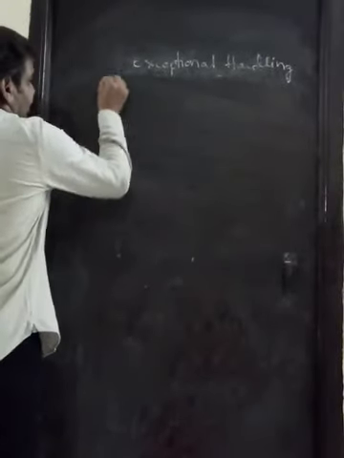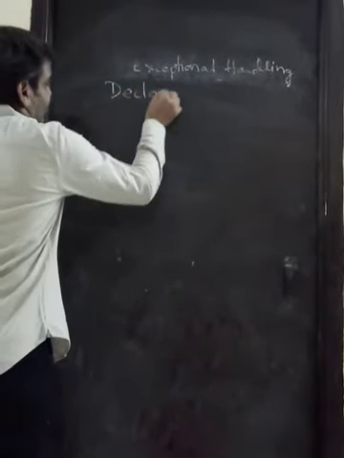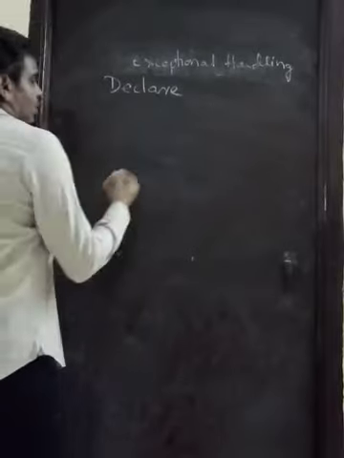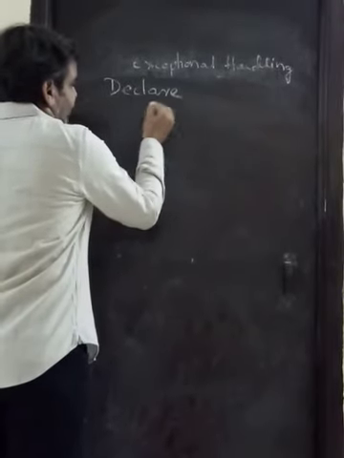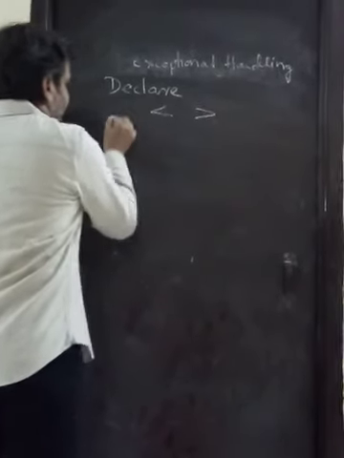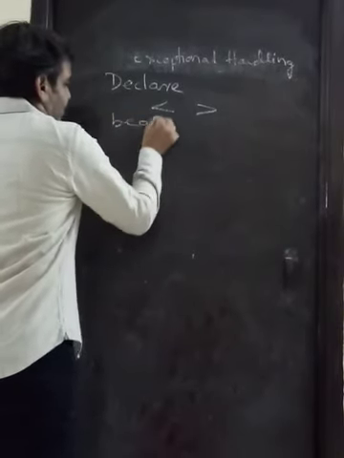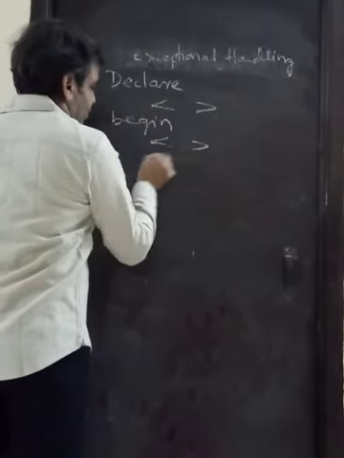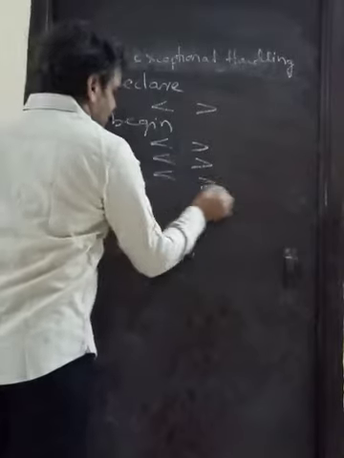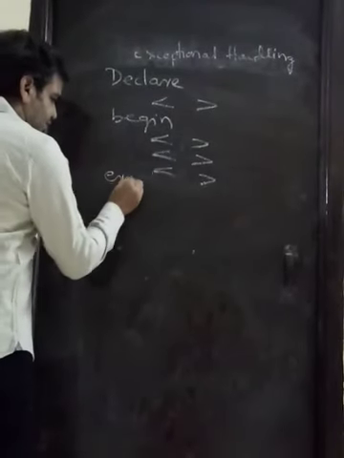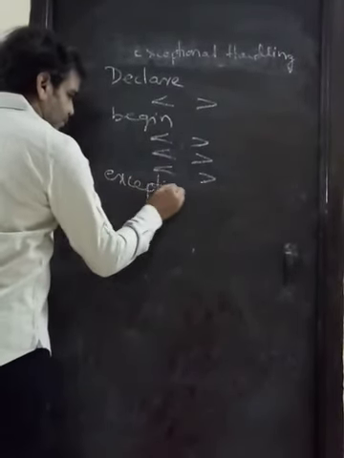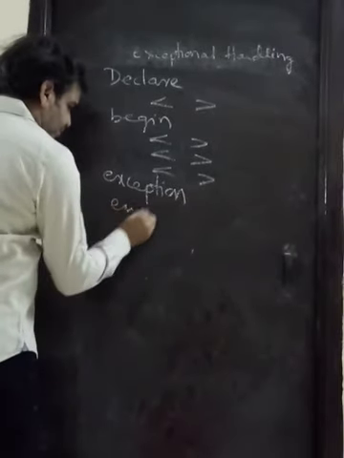So first of all, declare. Here variables are declared, then begin. So input section, computing section, display section. Then here we are writing the exception, then end.